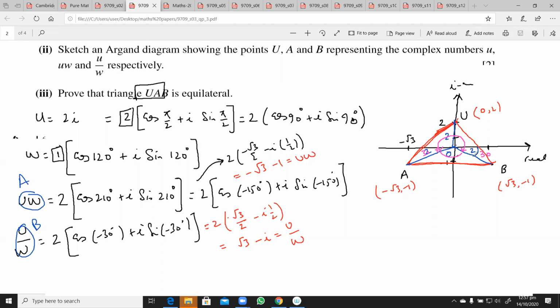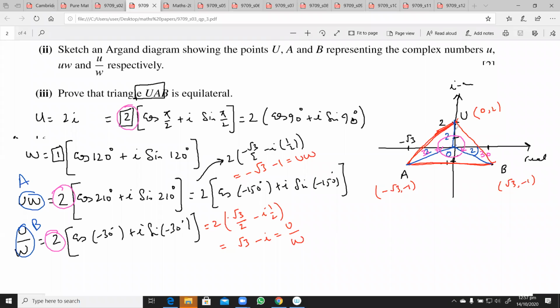The hint is the rotational symmetry. An equilateral triangle has a rotational symmetry of order 3. And if the rotational symmetry order is 3, then the angle of rotational symmetry is going to be 120 degrees. So the great people would say that OU, OA, OB are all equal to 2, because this modulus is 2, this modulus is 2, and this modulus is 2.